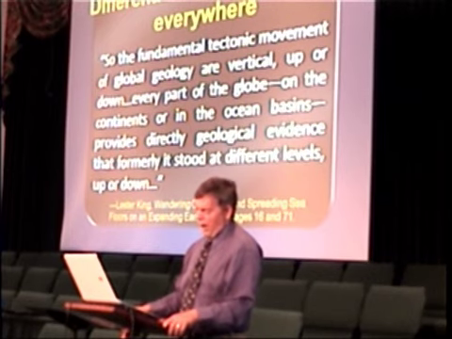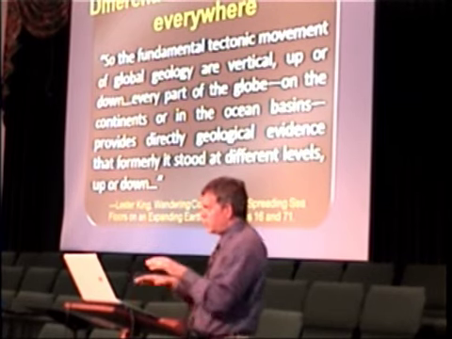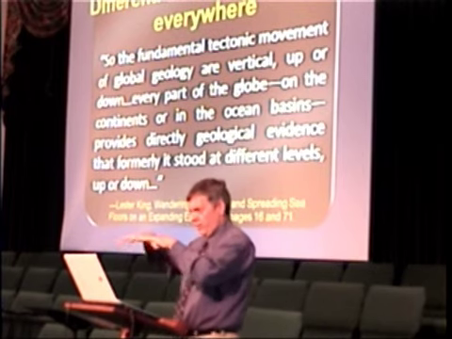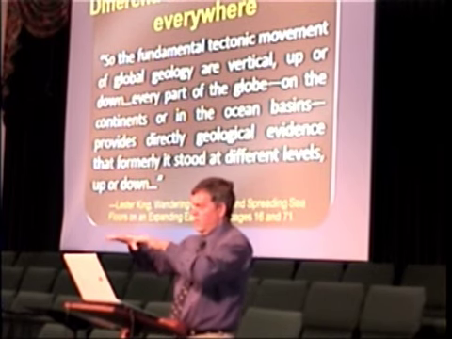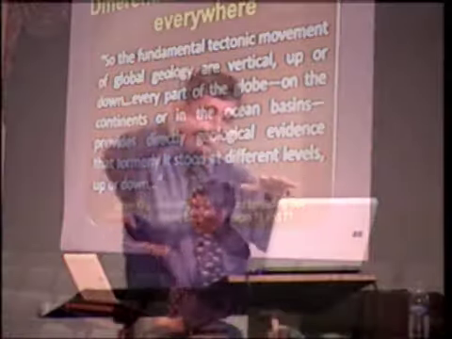Most scientists can't write. This is poor writing. What he's essentially saying is that we know that in the past that the level of the land, the crust, has been at different levels, and now it's either up or down from that level. So, it's like this on the continents and on the ocean basins. This is powerful evidence of Psalm 104:8, where the mountains rise and the valleys sink down, draining the floodwaters in the process.